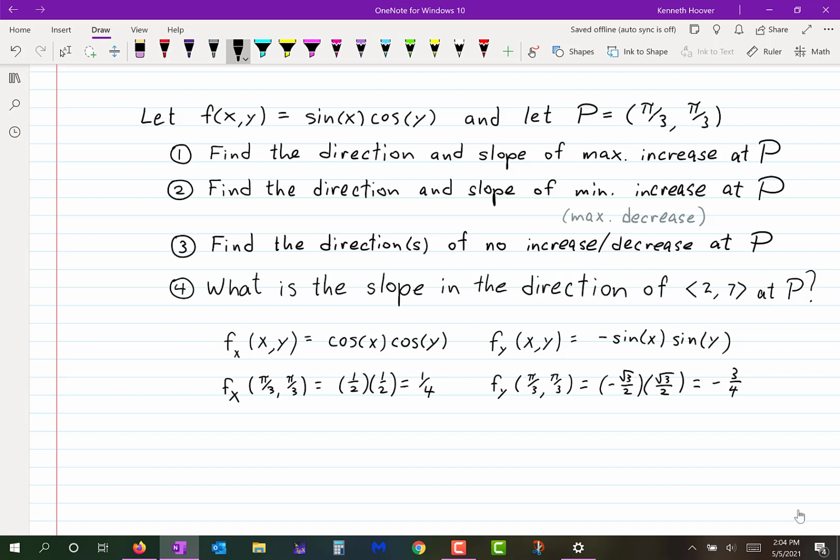Okay, let's find the gradient of f at that location. We actually already have it. Remember, that's a vector with this x component and this y component.